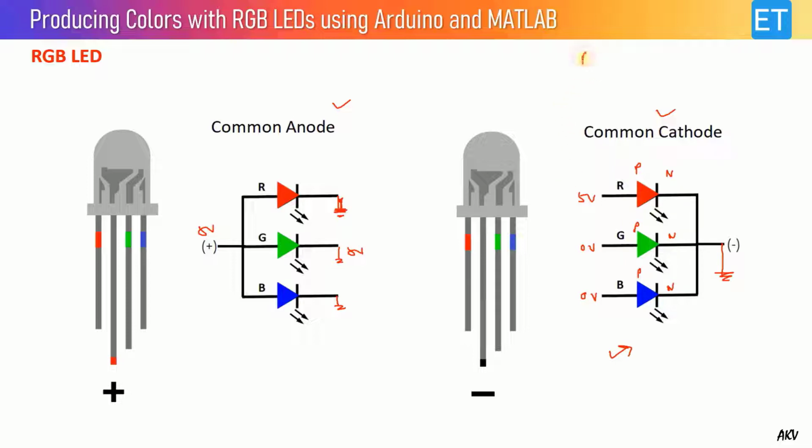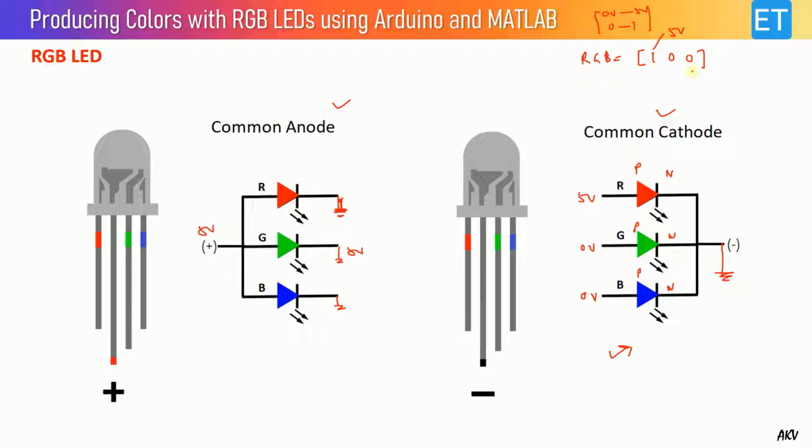So you can represent this as 1 0 0. So 1 is corresponding to the maximum 5 volt. So I am scaling 0 volt to 5 volt into the number 0 to 1. So if I am writing 1 here, it means I am giving the full voltage to the red LED.